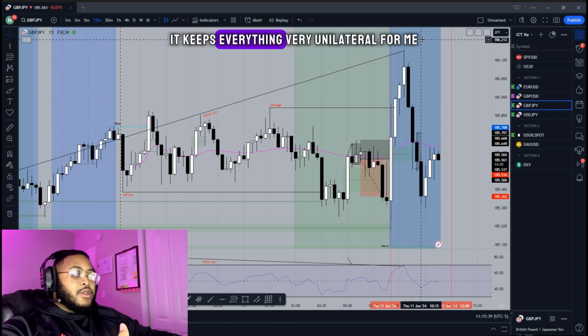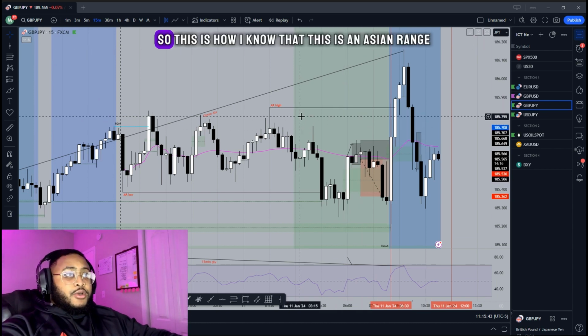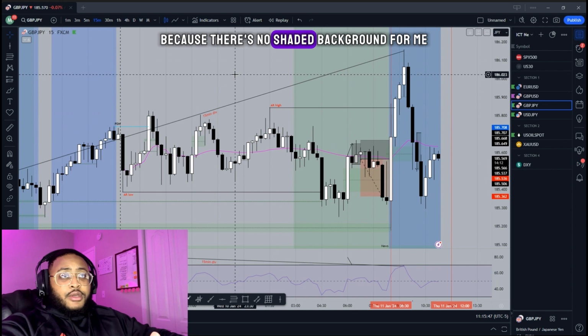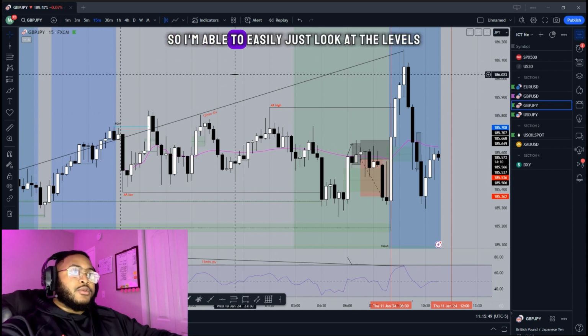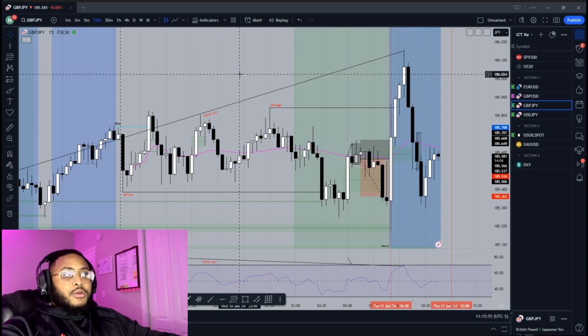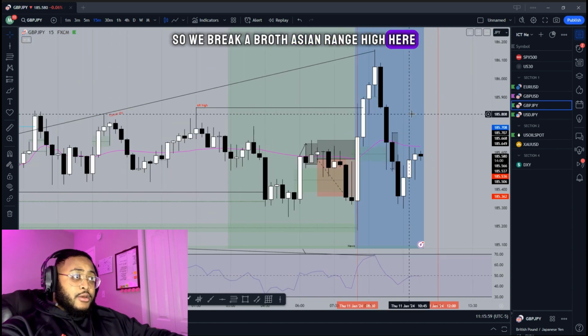It keeps everything very unilateral for me. So this is how I know that this is in the Asian range, because there's no shaded background. I'm able to easily look at the levels and determine which one is a swing high and which one is a swing low. So we break above Asian range high here.